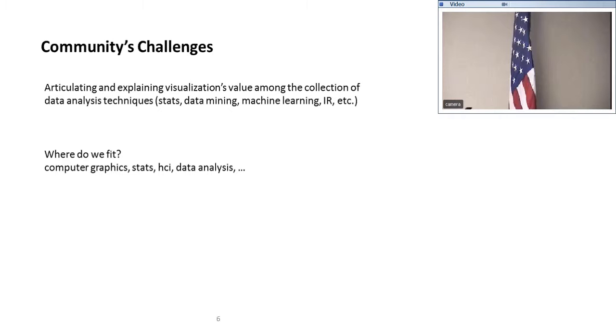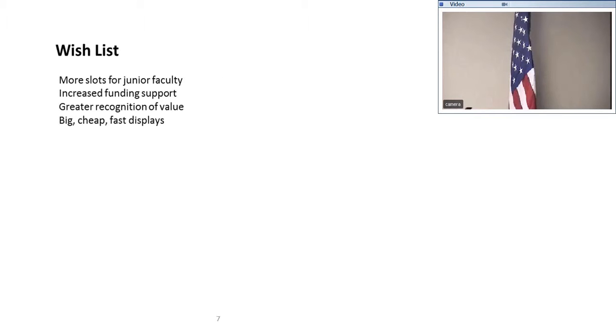We also have an identity crisis, like who are we and where do we fit? Visualization researchers come from a variety of communities. If you look at things like the ACM taxonomy of areas, it's like, are we graphics? Are we engineering? Do we fit in HCI? And I think that we're the Rodney Dangerfield of computer science academics, and I think we need to work on that.